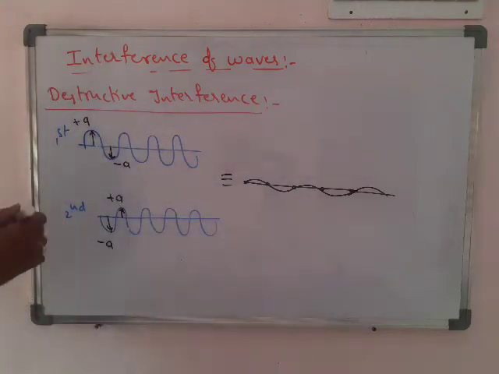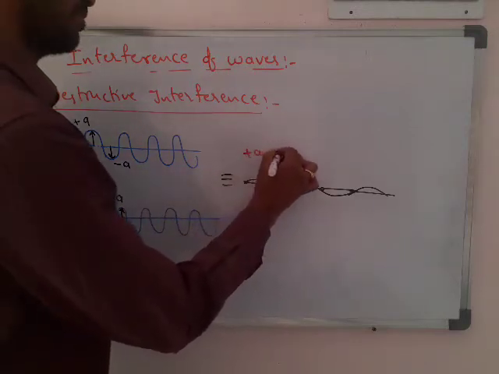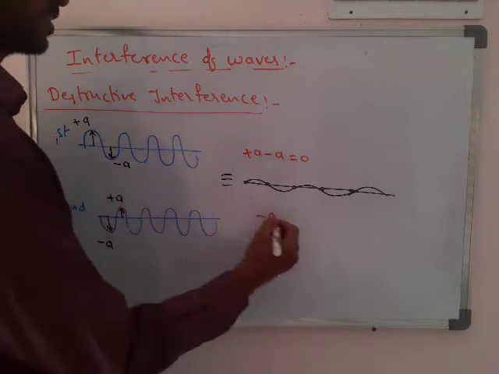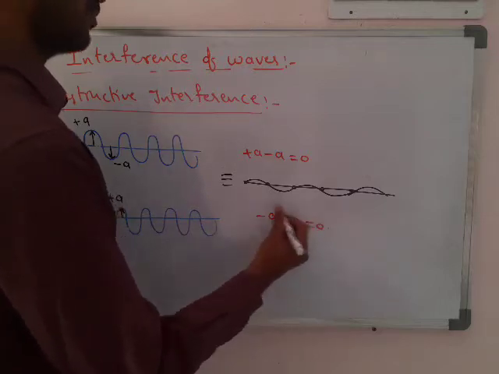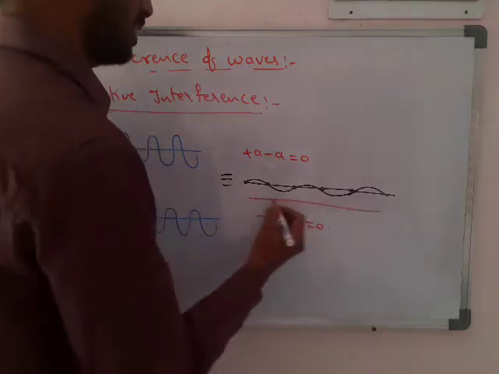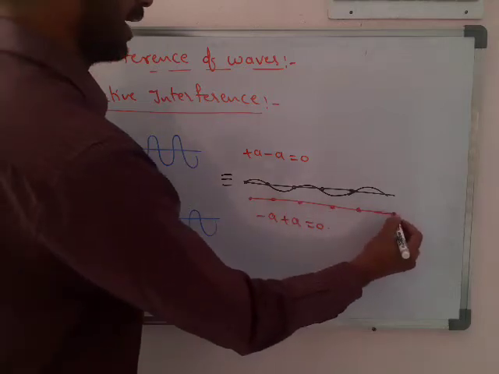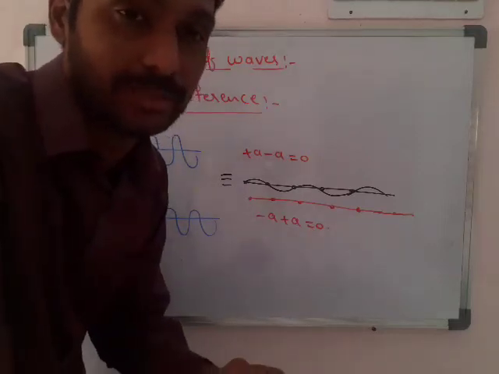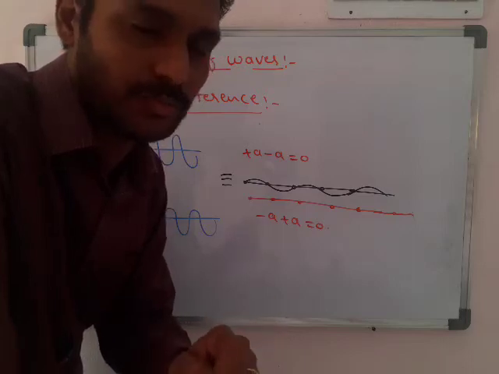The combination of a crest with a trough becomes zero. So it is also denoted with a single line, indicating the total loss of wave character. Total destroying takes place. That's why it is called destructive interference.